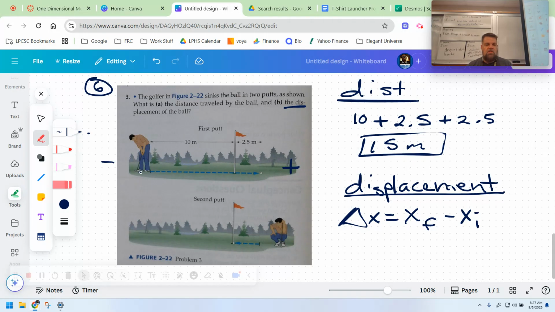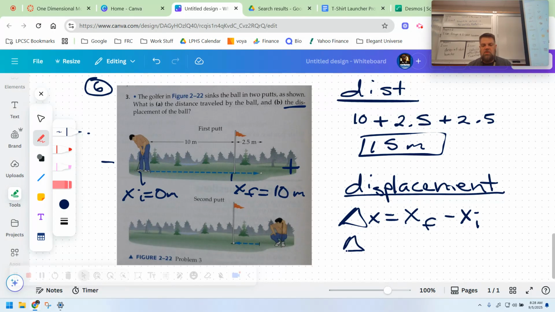So I can start whatever I want, wherever I want. So I'm going to say that the initial position is going to be 0 meters. And then my final position, where the ball ultimately ends up, even though it goes all over the place, where it finally ends up is at the 10 meter mark.